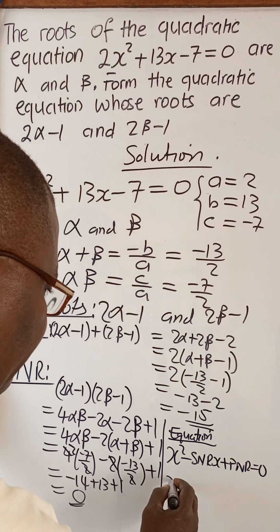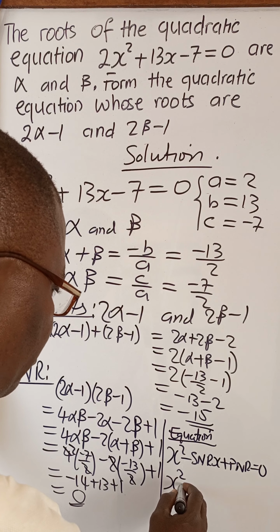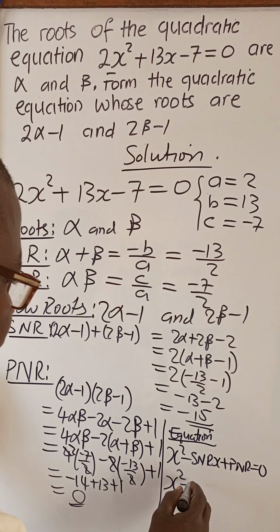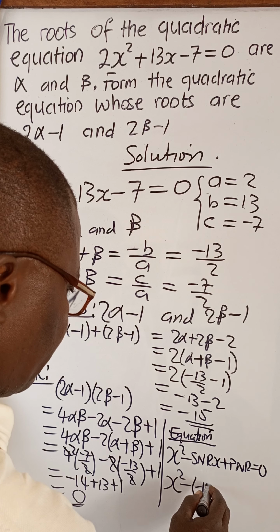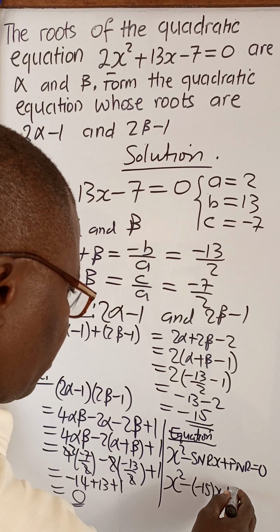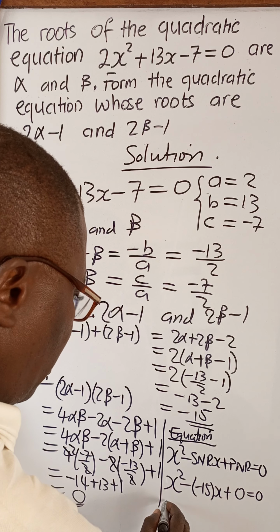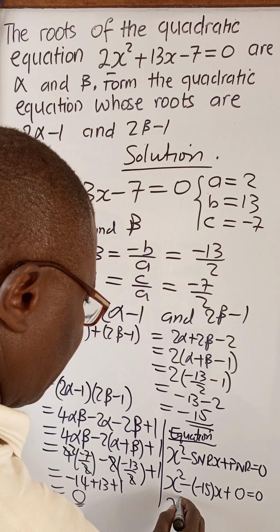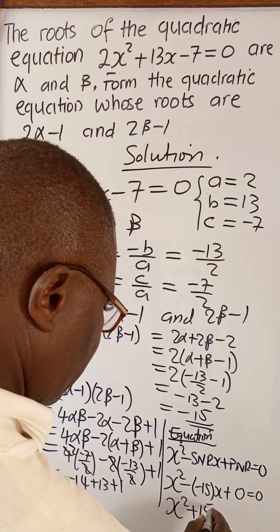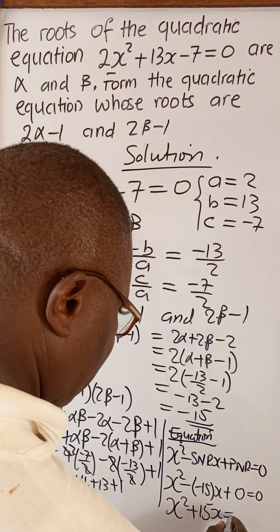So the required equation will be x squared minus sum of new roots. Sum of new roots is negative 15, multiplied by x, plus product of new roots. Product of new roots is 0. So our required equation finally is x squared minus, which gives us positive, so we have positive 15x equals 0.